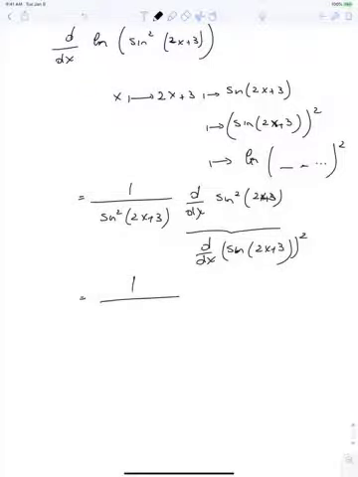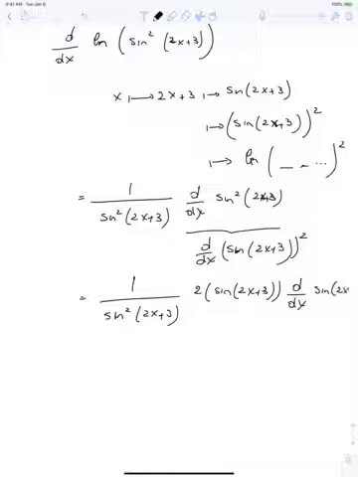So now we have to take the derivative of the square. So this is going to be 1 divided by sine square of 2x plus 3 times 2 sine of 2x plus 3, and then we have the derivative of whatever is left, which is the sine of 2x plus 3.